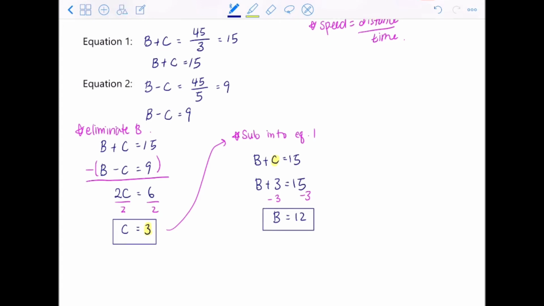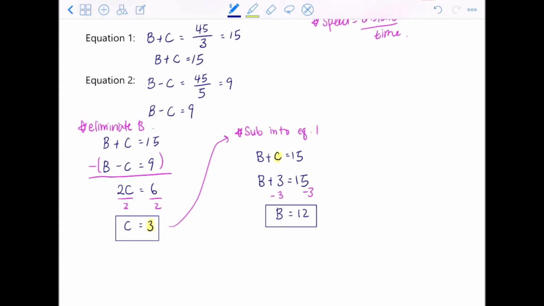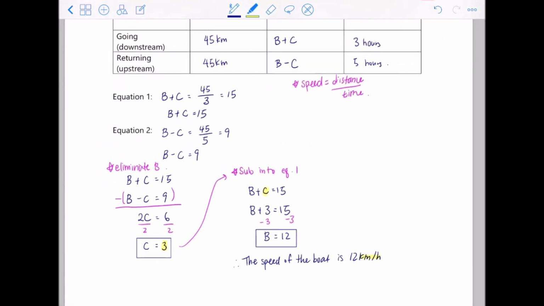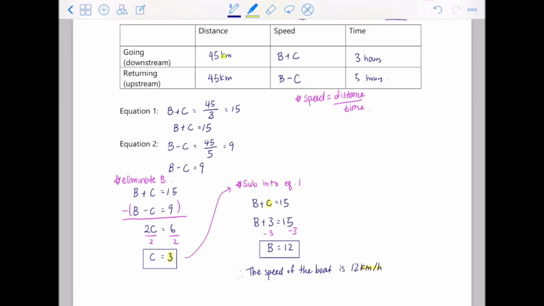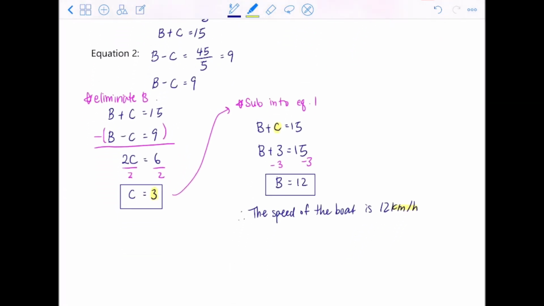All right, so we can say that the speed of the boat is 12 kilometers per hour. Notice my unit depends on the unit for distance and unit for time. So distance over time, so kilometer per hour.